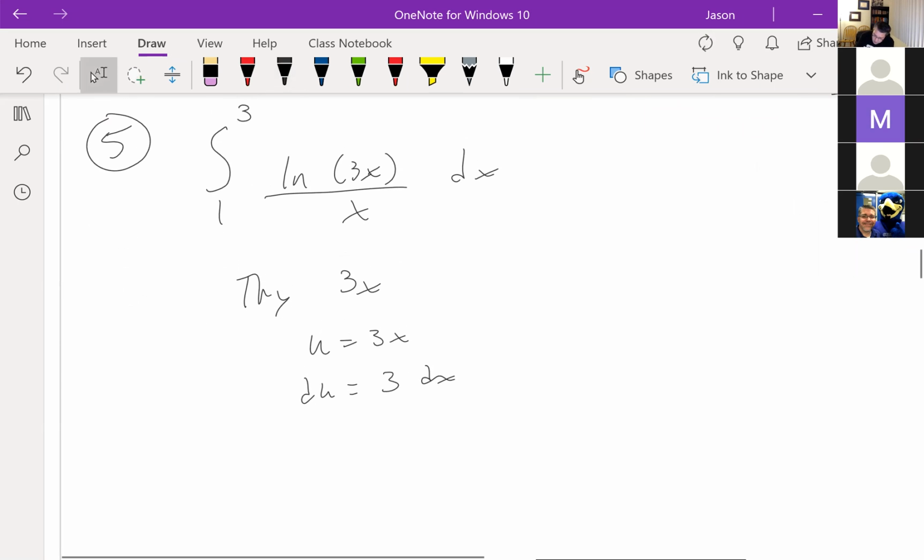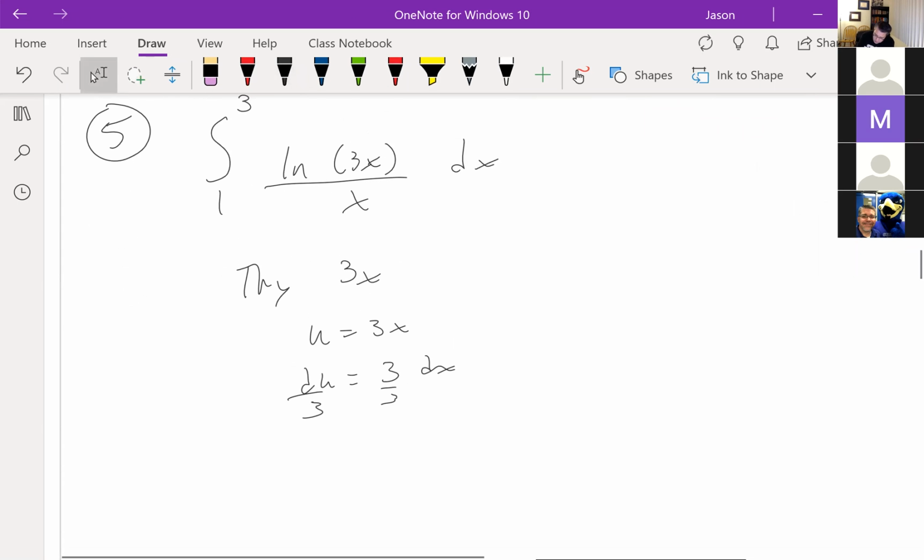I could divide by 3, and so I would get the integral of 1 over x, and then natural log of u times du over 3.